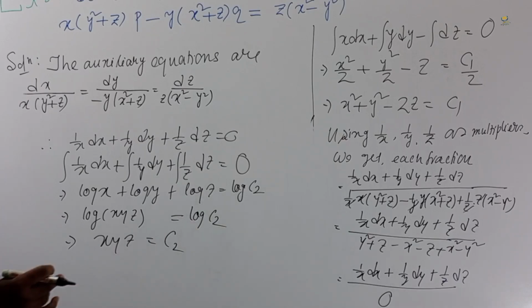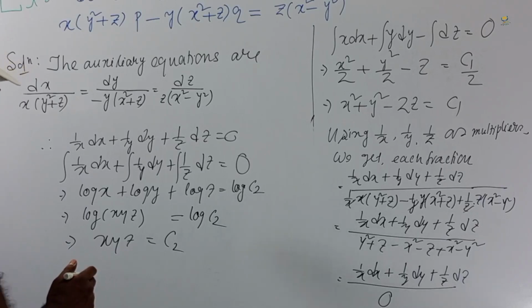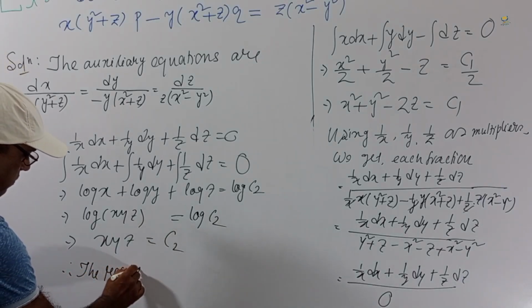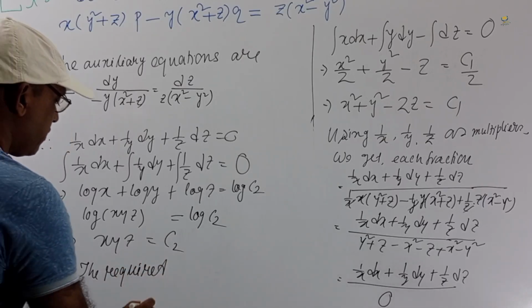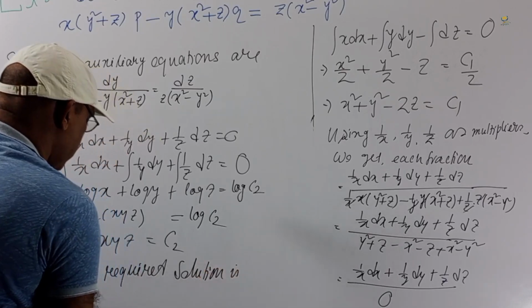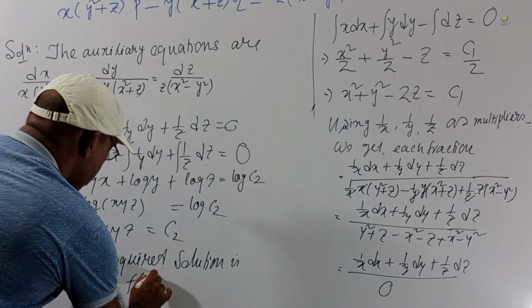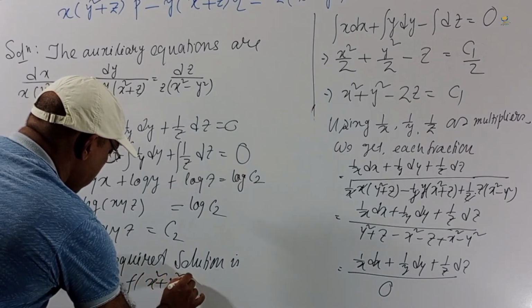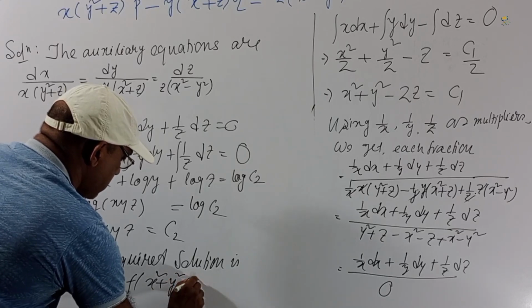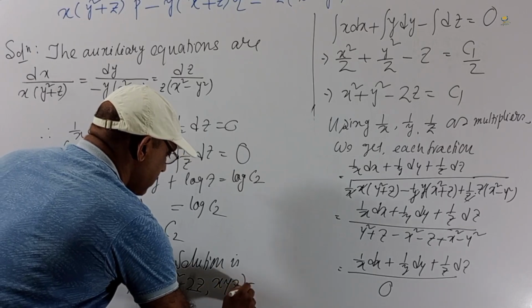So we get two solutions. One is u equal to c1 and this is v equal to c2. Therefore, the required solution is f of x square plus y square minus 2z comma xyz equal to 0.